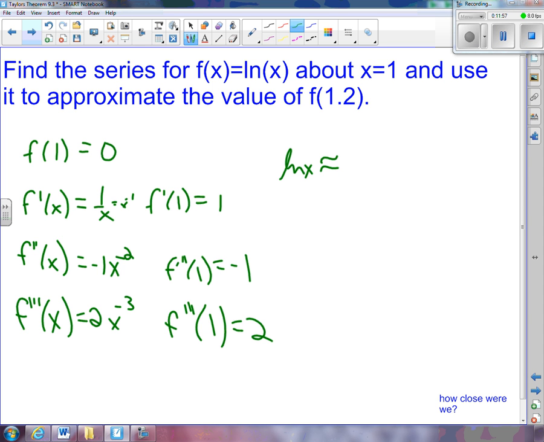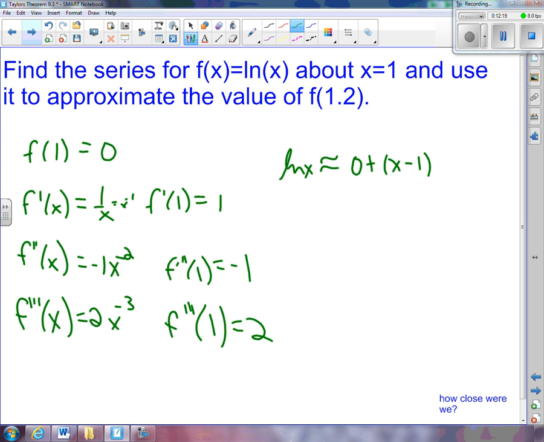Okay, so now this is approximately equal to 0 plus 1 over 1 factorial times x minus 1 to the 1.